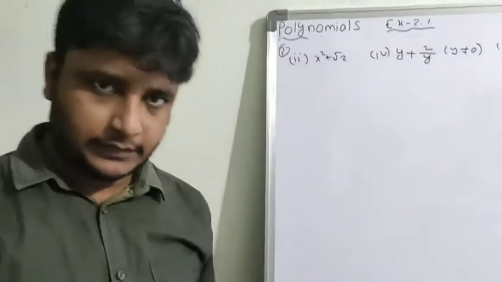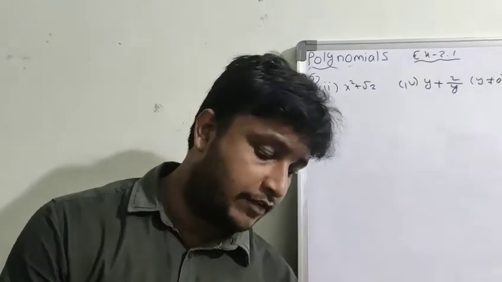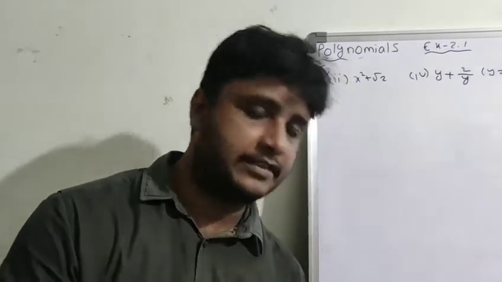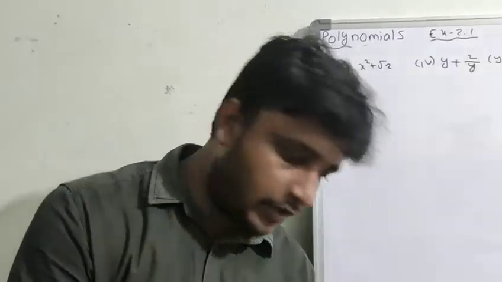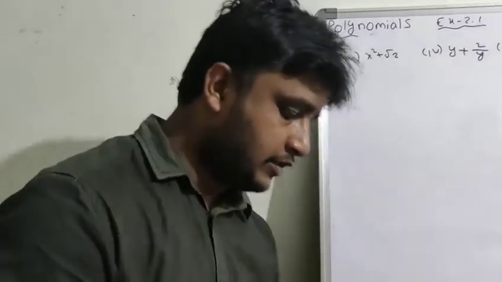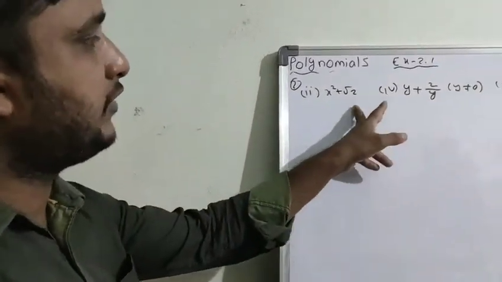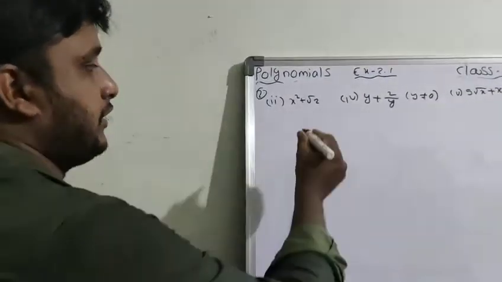Coming to the second question: which of the following expressions are polynomials in one variable and which are not? Give reasons for your answer. I am taking the first, second question, x square root 2, the fourth question, the fifth question, and I wanted to take the sixth question also.